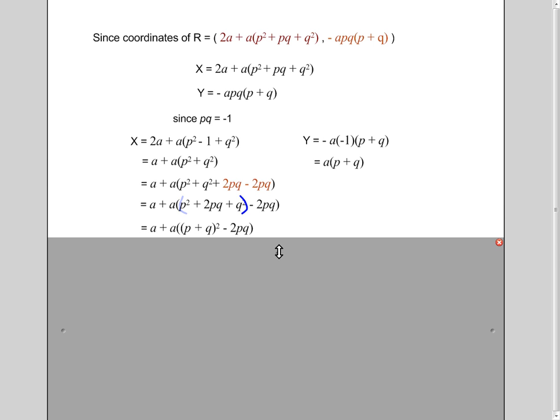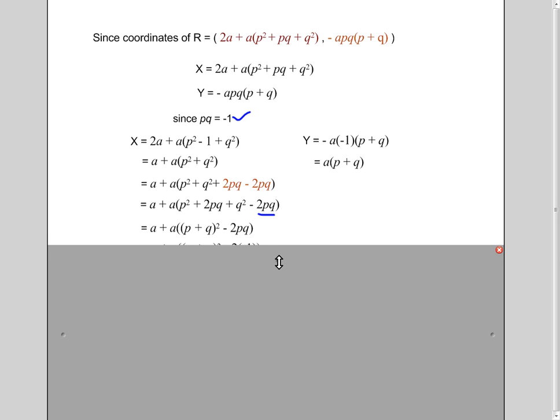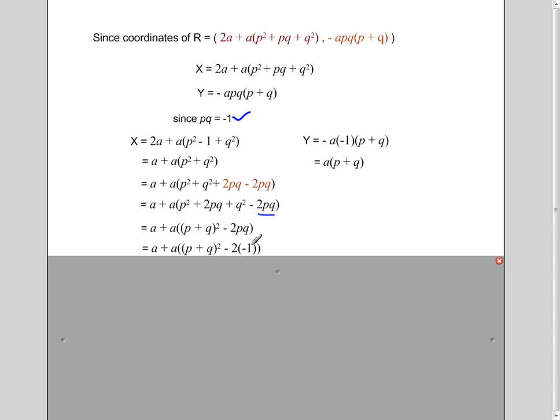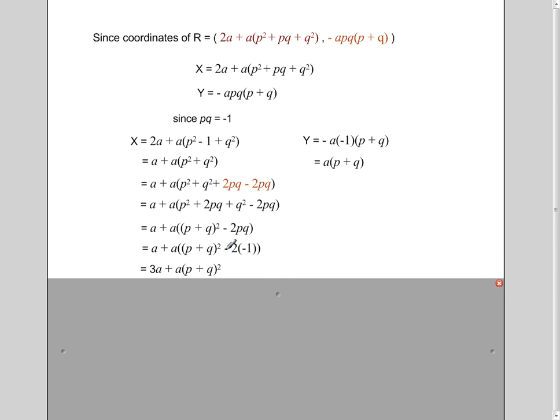And the neat thing is I'm going to end up with pq on this side. But we know pq is minus 1. So that means I can substitute that by minus 1. I've got the same equation there. And minus 1 times minus 2 is plus 2. If I multiply the plus 2 out with the a, I've got 2a plus the a, I've got 3a. So we've got 3a plus a bracket p plus q squared.